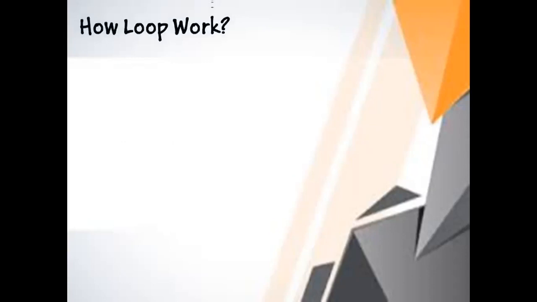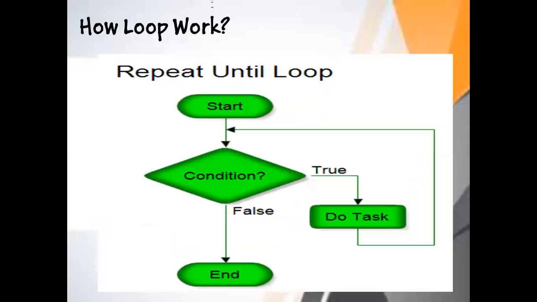So how does a loop work? For the structure, every loop requires three conditions to execute properly. That is the initialization or the start, the increment or decrement, and the condition or the stopping point.